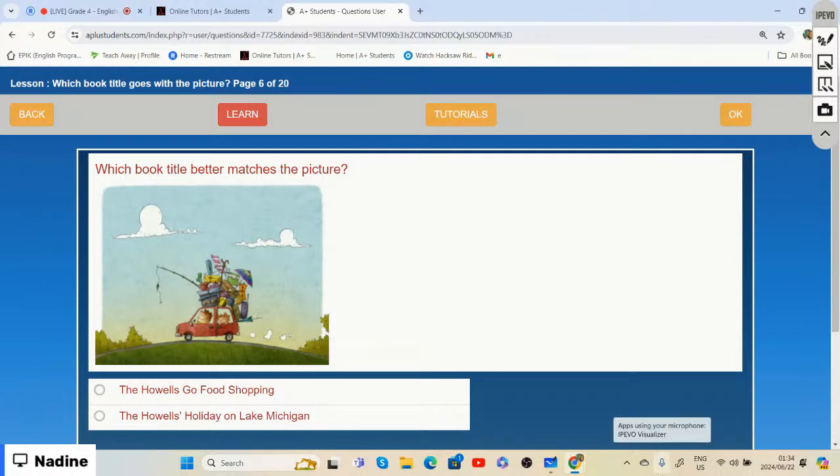It says The Howells Go Food Shopping. We need to show the book title that better matches the picture.